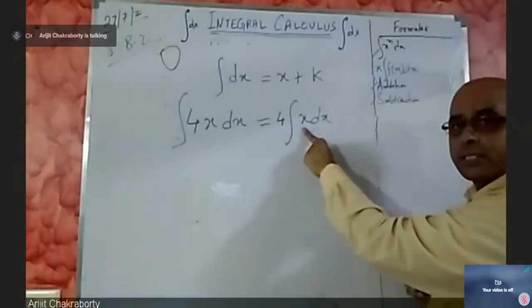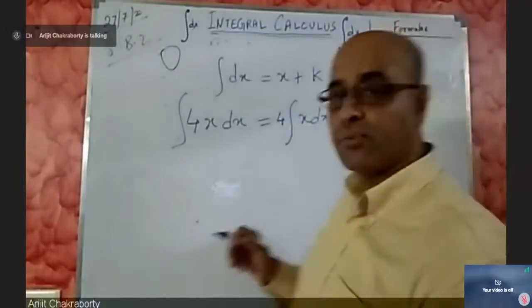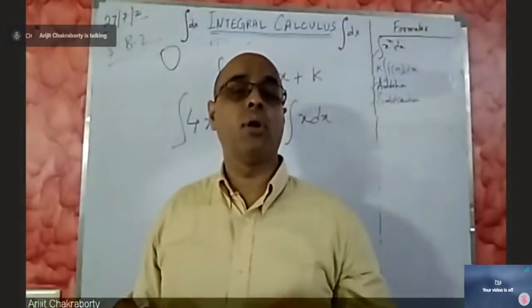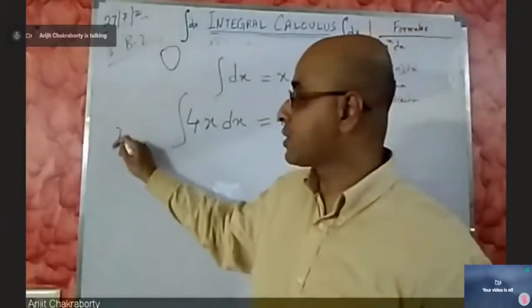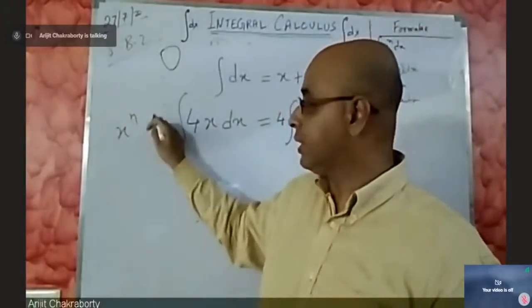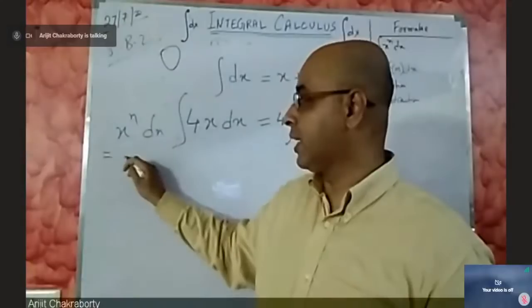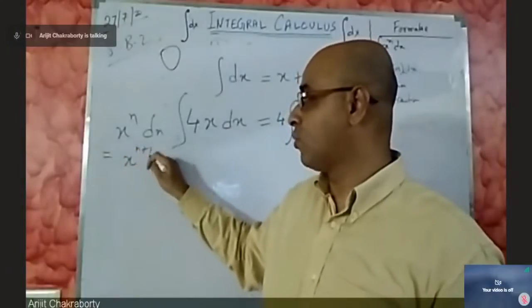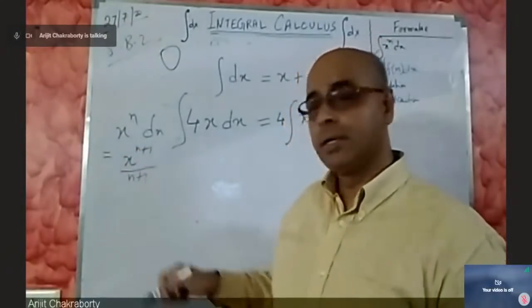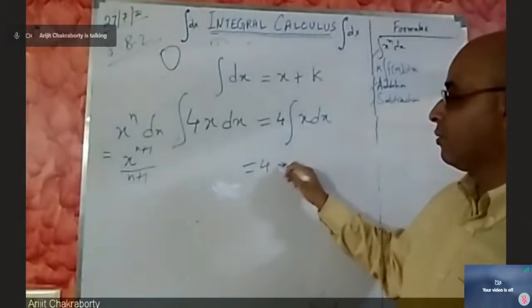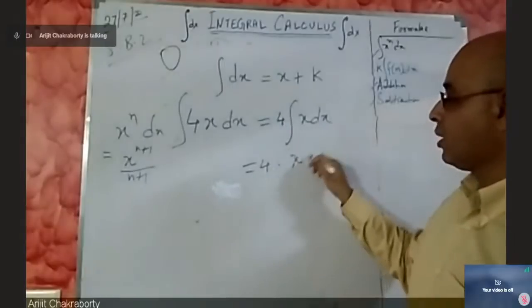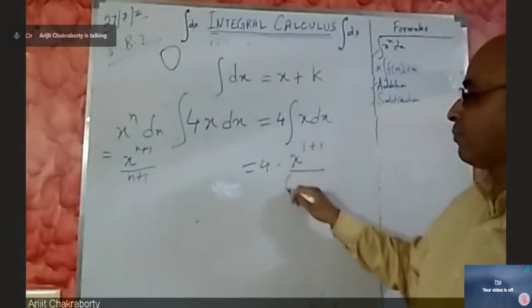But we know x dx means it is of the form power rule. And power rule says that x to the power n dx will be x to the power n plus 1 divided by n plus 1. So in this case, it will be 4 into x to the power 1 plus 1 divided by 1 plus 1.